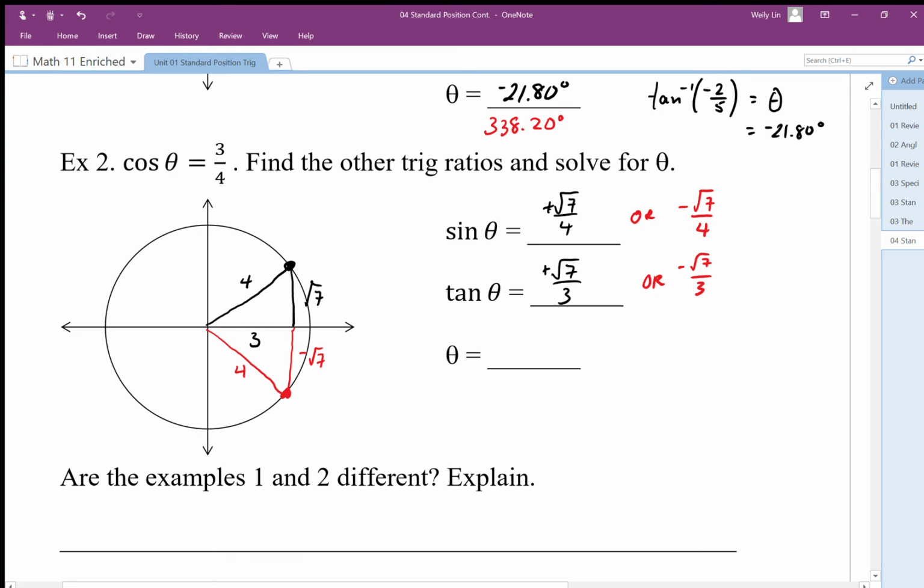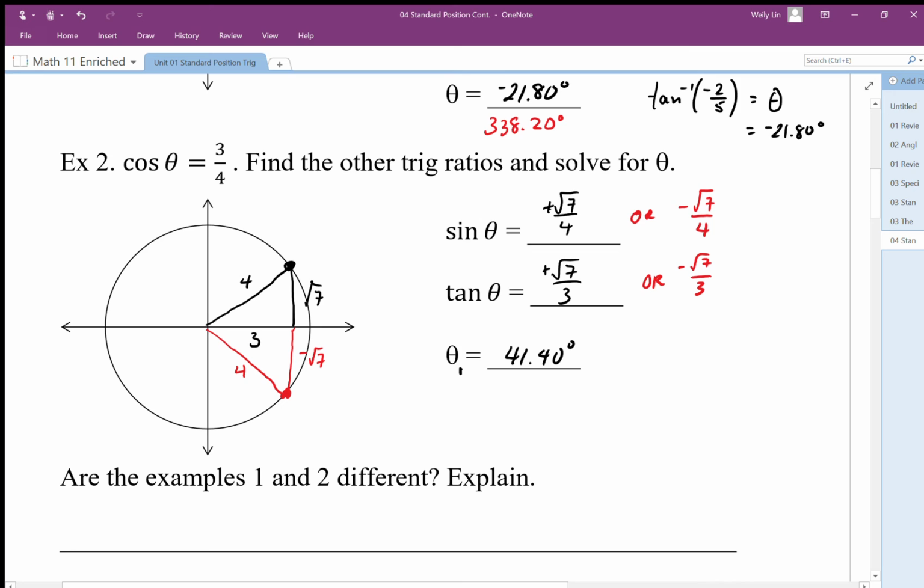So even for theta, when I solve for theta here, when I do the arc cos of 3 over 4, I end up with 41.40 degrees. Now the calculator only ever gives me one angle, so I'm going to call that one theta 1.